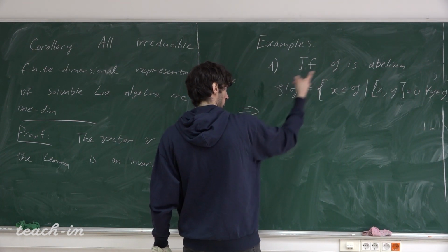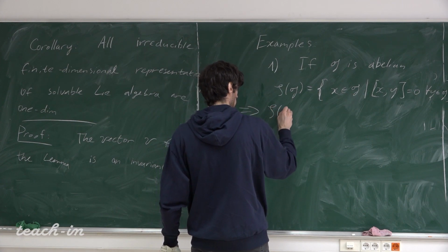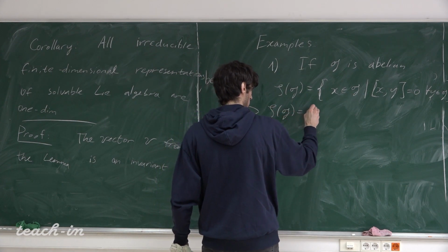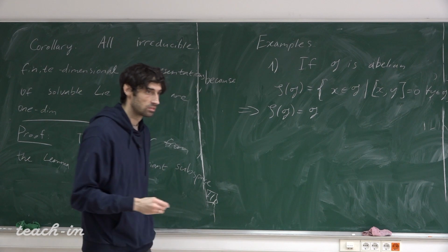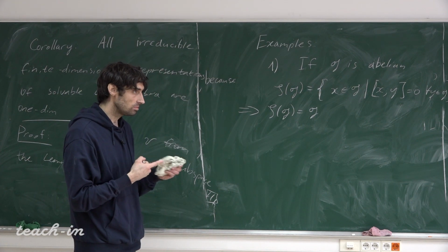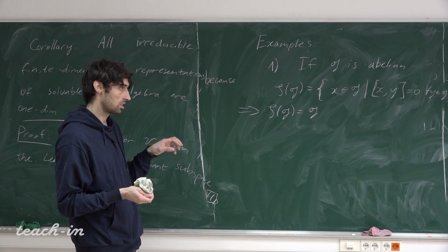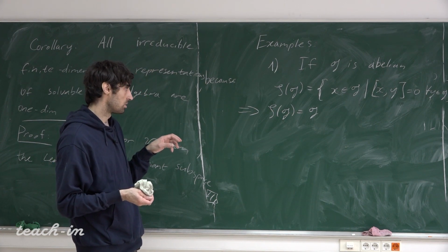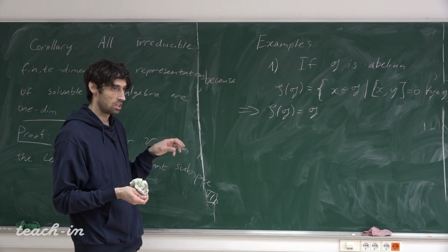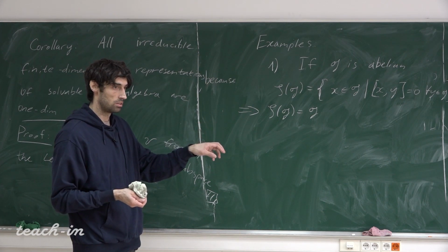So if G is abelian, then the center of G coincides with G. And also you can deduce that an element of its center acts on an irreducible representation by multiplication by a number.